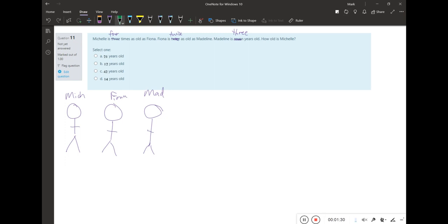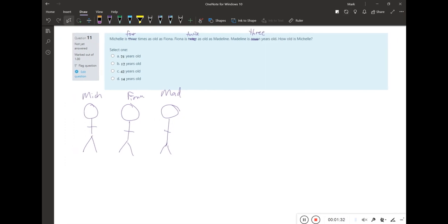So it's a little bit tricky, but if we put in what we know, so we know that Madeline is 3, and we know that Fiona's age is twice Madeline's age, 2 times. And we know that Michelle is 4 times Fiona's age.